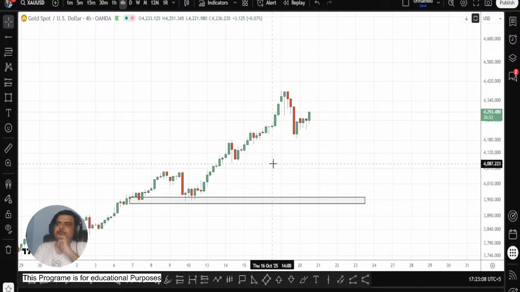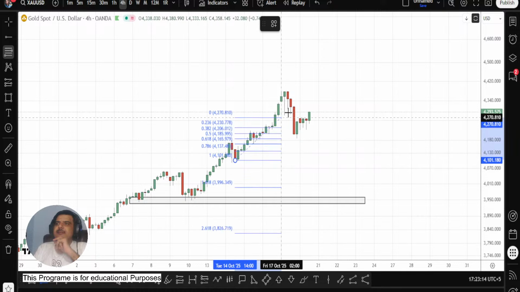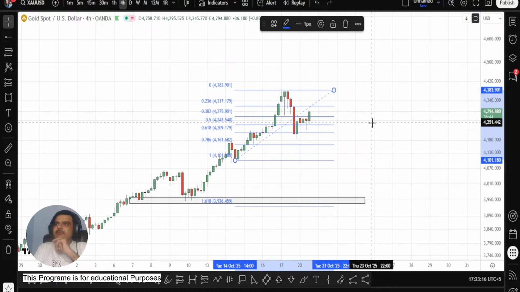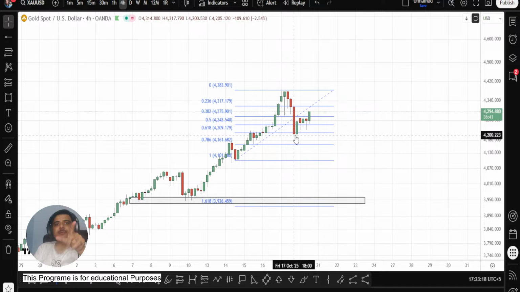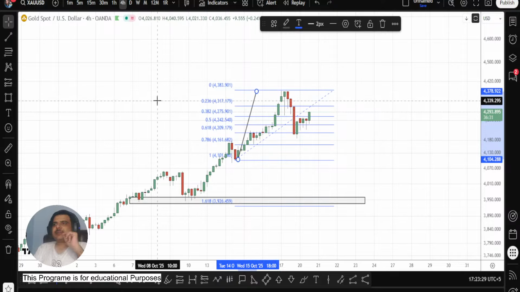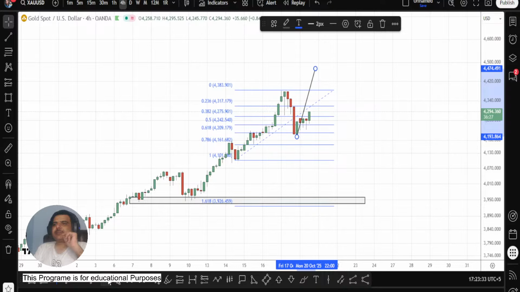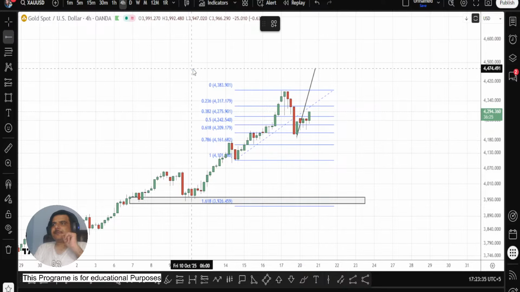And most of the traders see it like this right now: this is a 61.8% retracement. See, and on the basis of this 61.8% retracement, what we can get is the market showing us a new high.